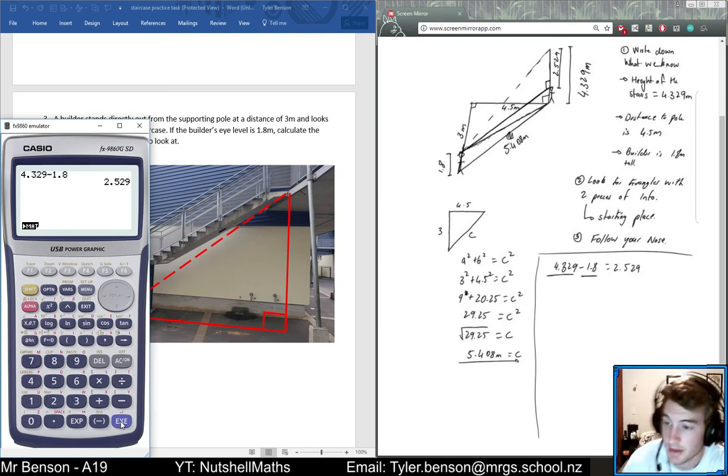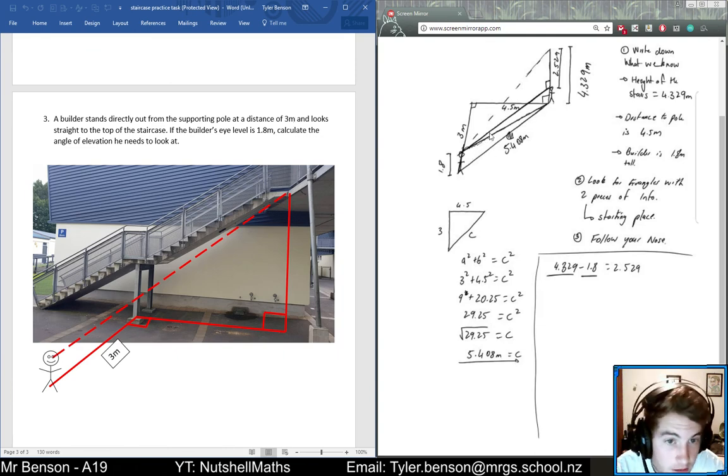Right. Now look, we've got our triangle with 2 bits of information again. This length along here, which is 5.4, which you guys agreed with me, and we've just found that height there, 2.529. Now we can find out any bits of information about this triangle. And now the question wants us to find his angle of elevation, the angle he's looking at, which is this angle here.